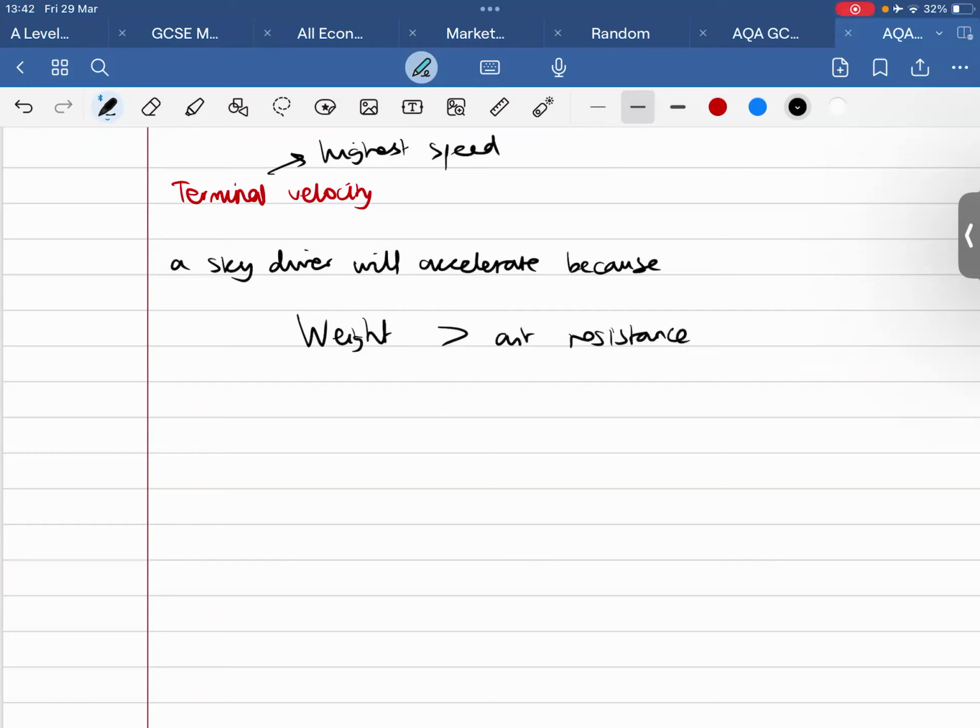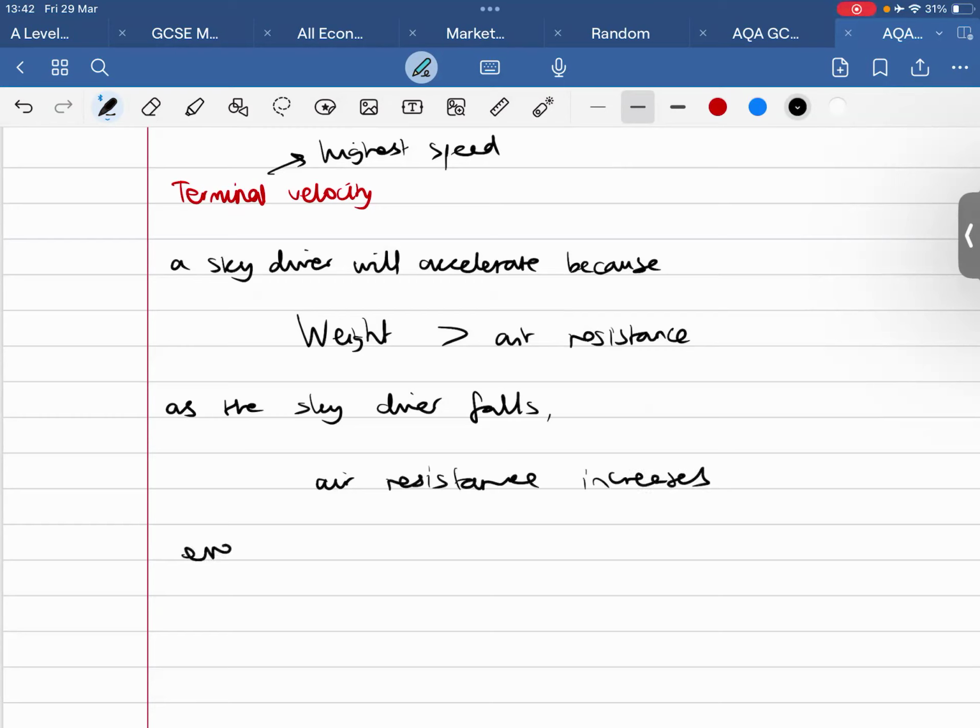Okay. Then, as the skydiver falls, it eventually reaches a constant speed. Why? So does weight ever change, like when you're falling? No. Weight won't change, right? So weight will stay the same, but you'll hit the air faster, so air resistance will increase. Okay.